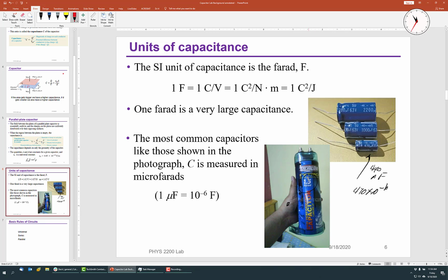And you see 1.5 farads, and basically 470 micro. So this is like 3 times 10 to the 5th bigger. Even though it's physically not that much bigger, it has to do with different materials inside. But you'll learn about that in lecture class.